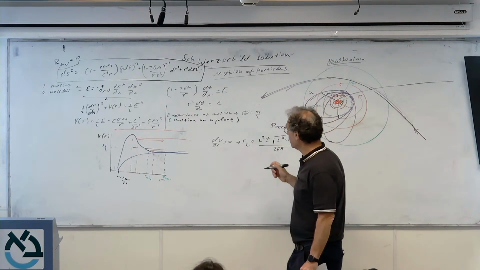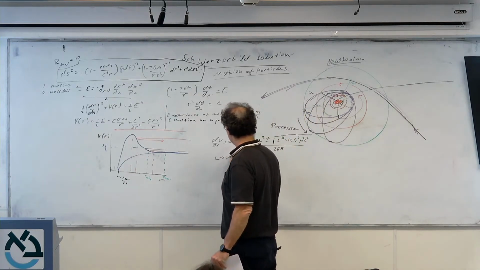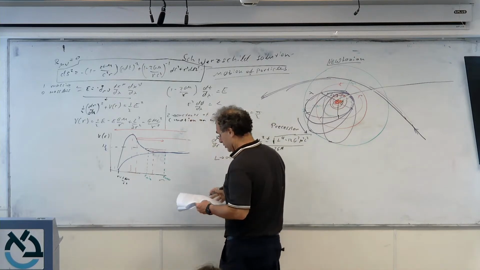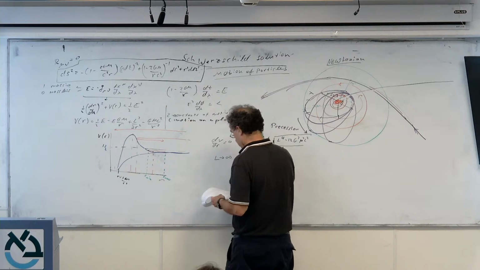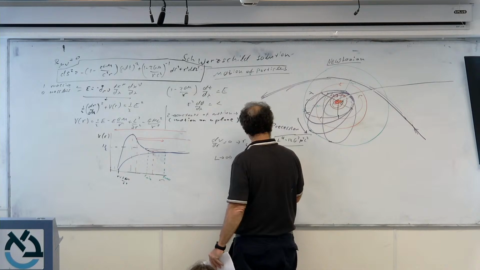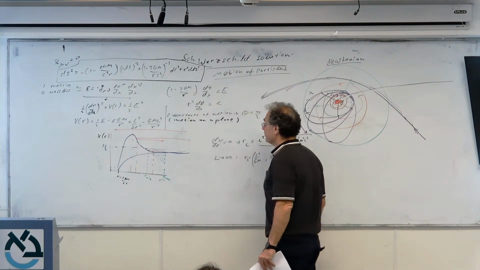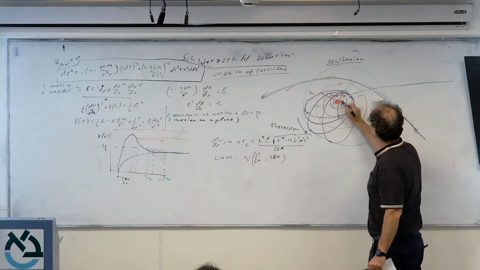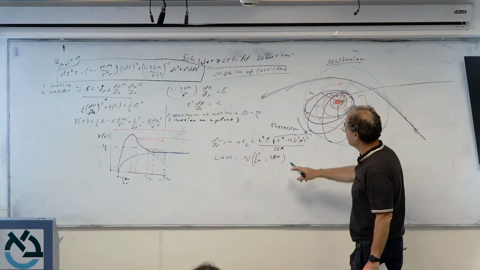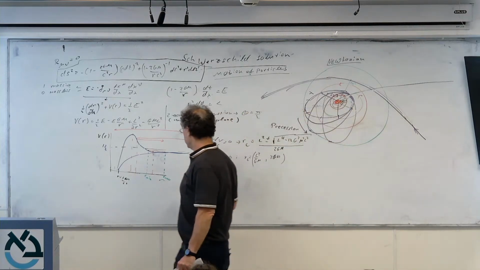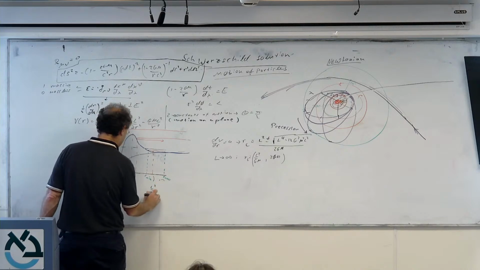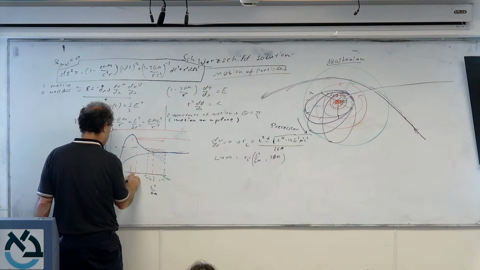In the limit where L goes to infinity, so very large L, this would correspond to R_c being L squared over GM, or 3GM. So for very large angular momentum, this is going to be 3GM, and that point here is going to be L squared over GM, and here 3GM.